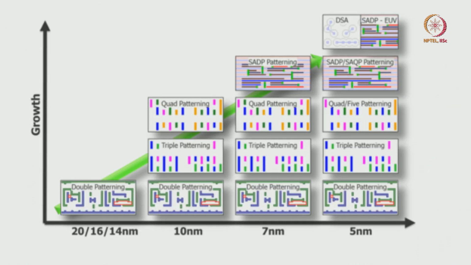Quickly, if I say, this is how we have reached from 20 nanometer to 10 nanometer to 7 nanometer, to 5 nanometer. These are different types of patterning. There is something called double patterning, triple patterning, quad patterning, self aligned double patterning, which you can see here, and there are some other patterning techniques, combinations of those, and EUV is here.